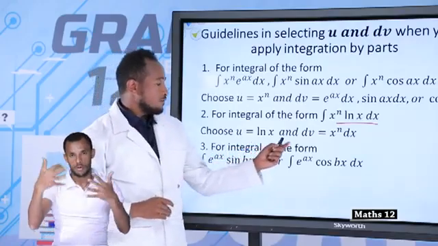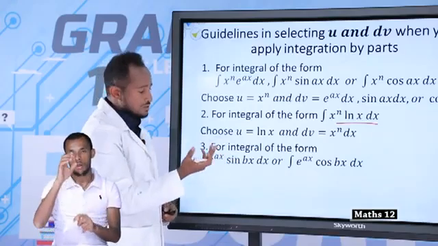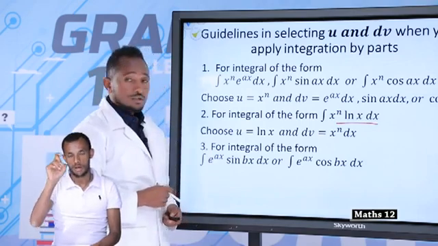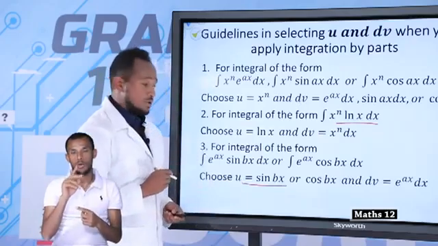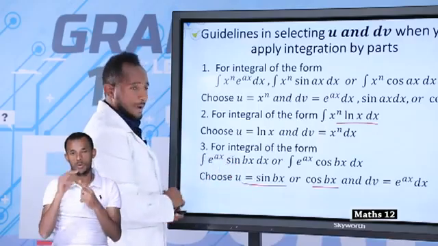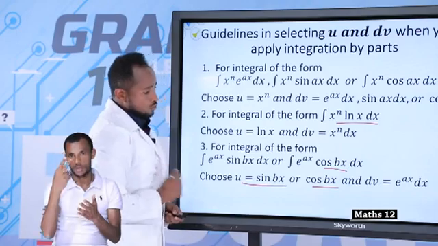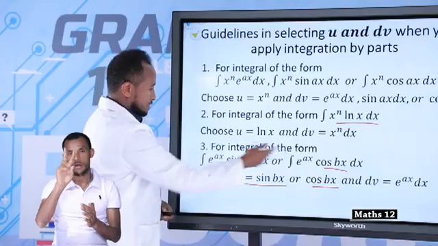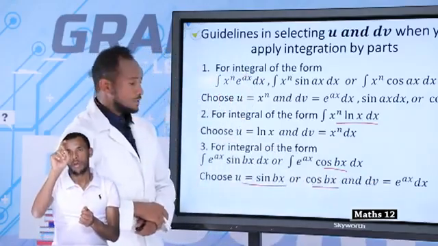For an integral of the form exponential times trigonometric, e raised to ax sine bx dx or e raised to ax cos bx dx, in this case assume u to be the trigonometric part, either sine bx or cos bx, and in both cases dv is e raised to ax dx.